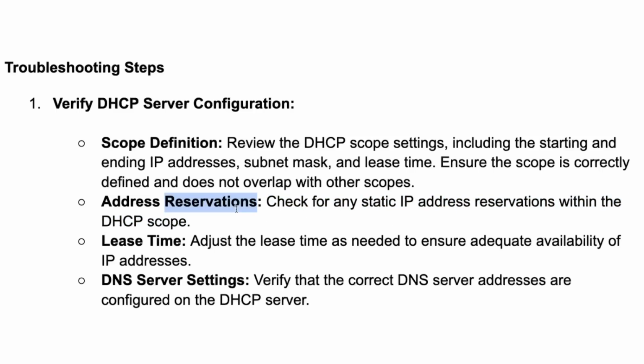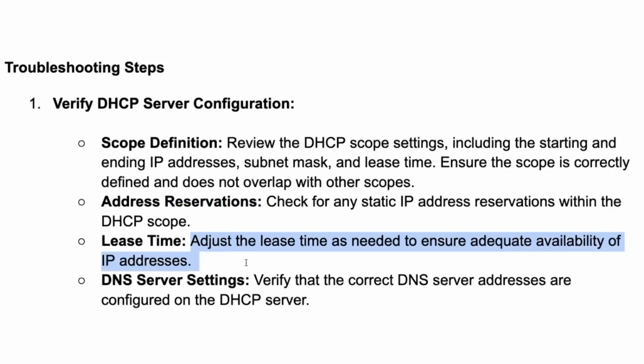Has it been reserved for something else? That might be an issue, because if it's been statically assigned, meaning an administrator manually assigned it to something, it's not available for dynamic configuration. Therefore, that address is essentially out of the range. It can't be used because it's been manually and statically assigned to something and it won't change.